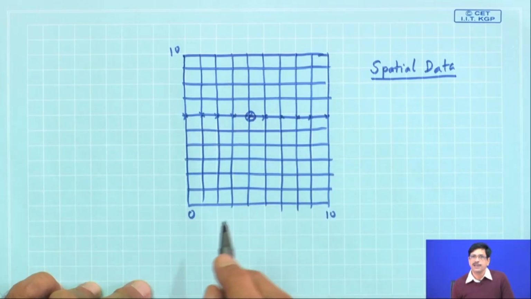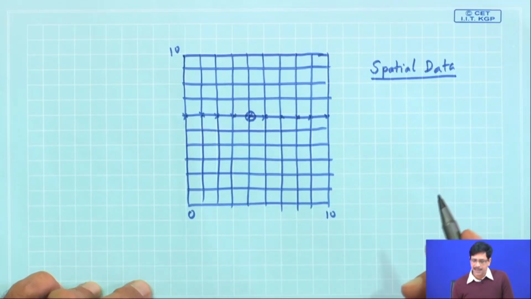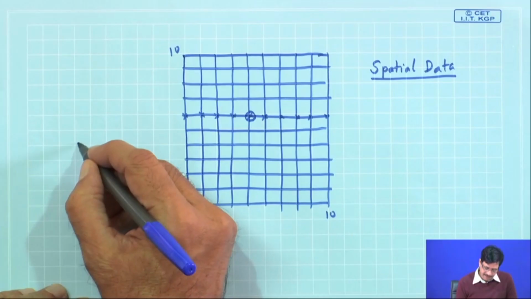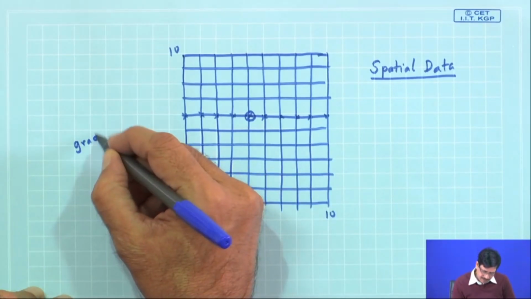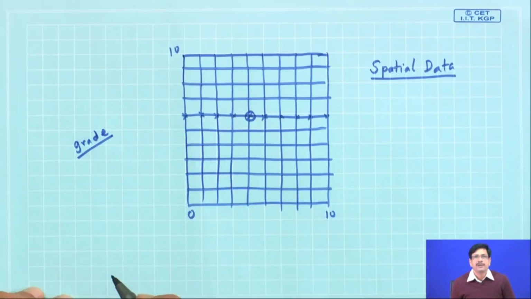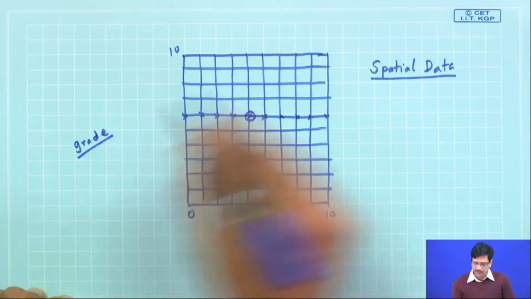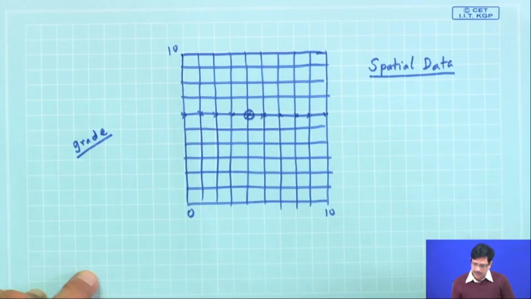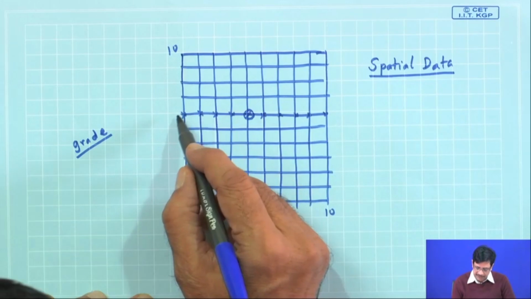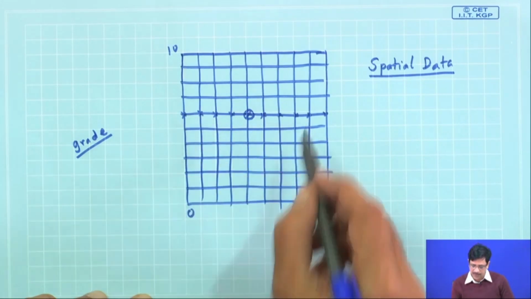We are talking about the variation of that attribute data, and let that attribute be the grade. We want to understand how the grade is varying, taking only 2 dimensions as the example. We can even first start with a 1 dimensional case.